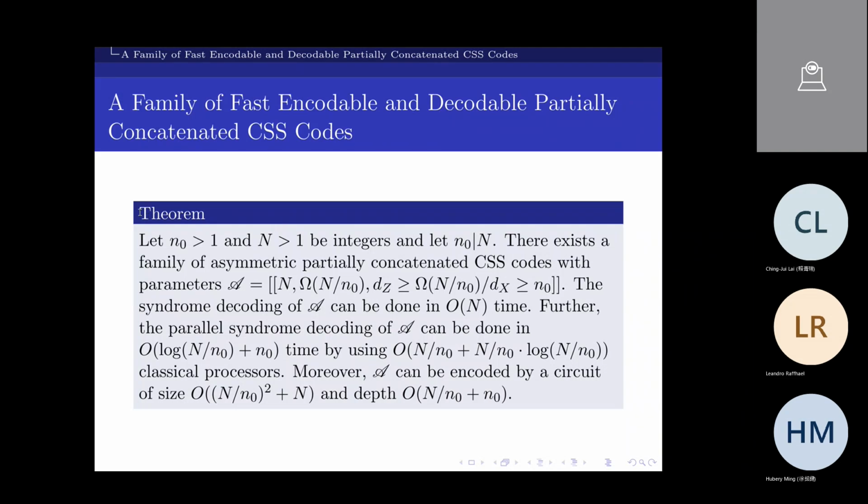Here we only give the conclusion. The particular classical linear code we choose is the... sorry, I forgot. Let me have a look at the papers.